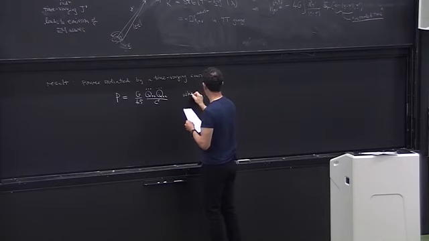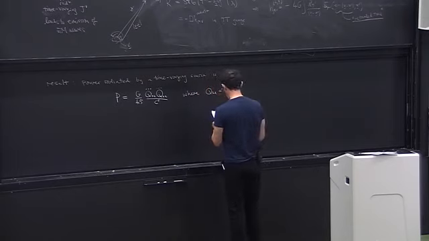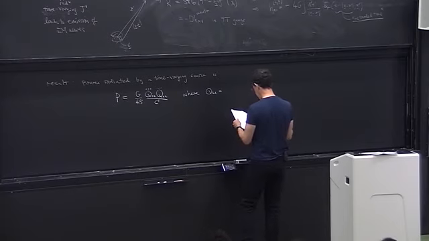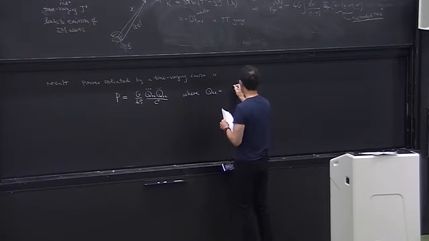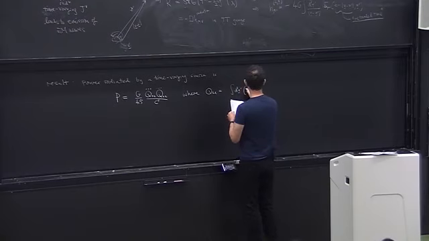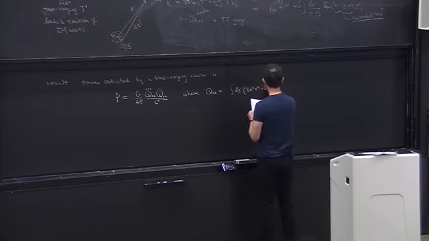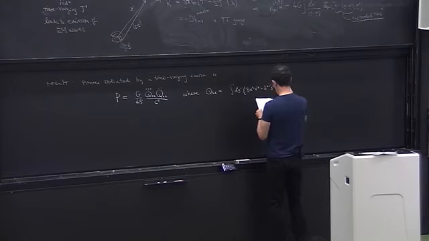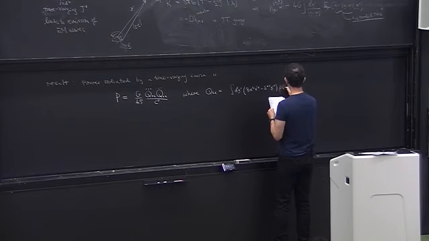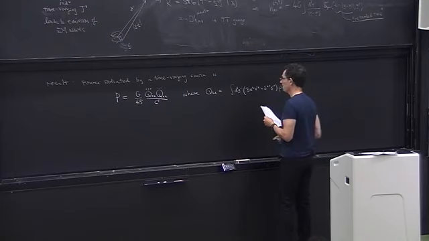where Q KL is the integral d3x prime of (3 x prime k x prime l minus delta KL x prime squared) times the density of T x prime.